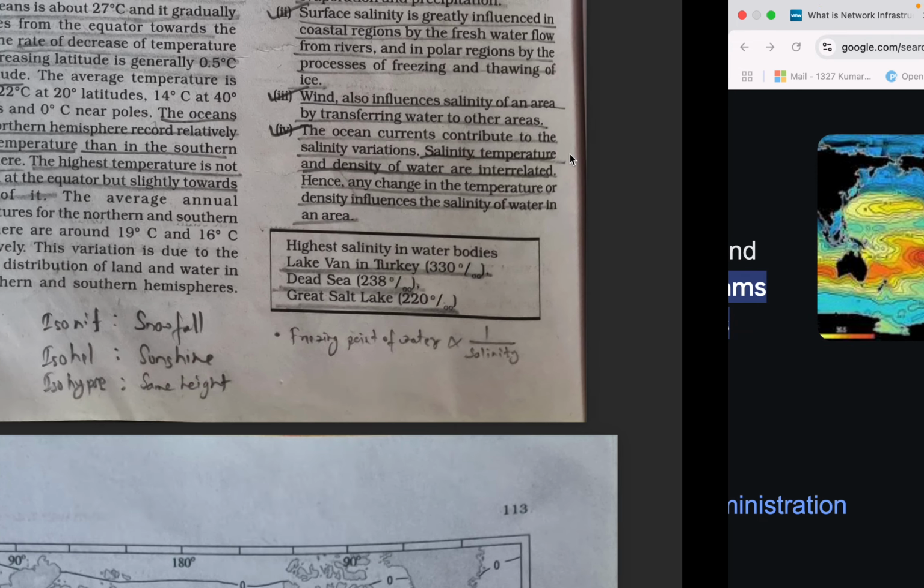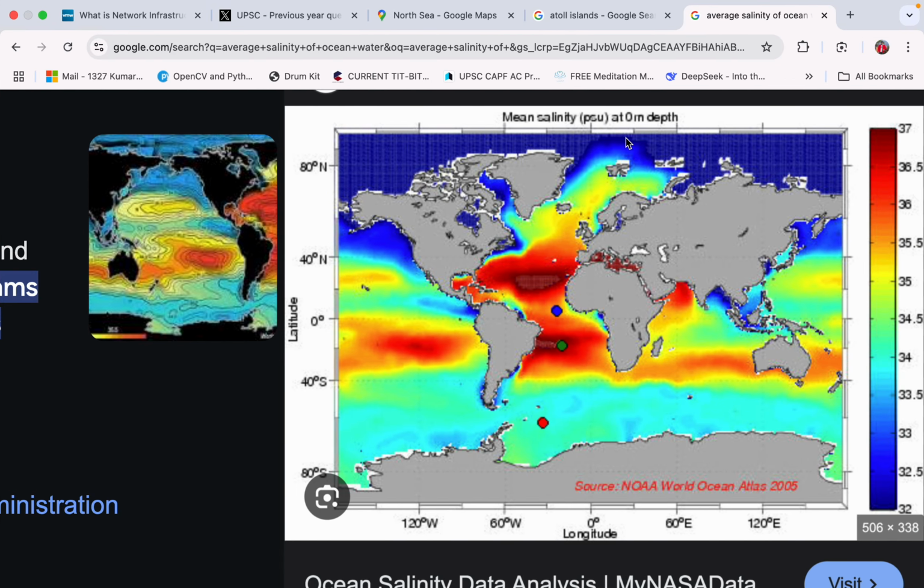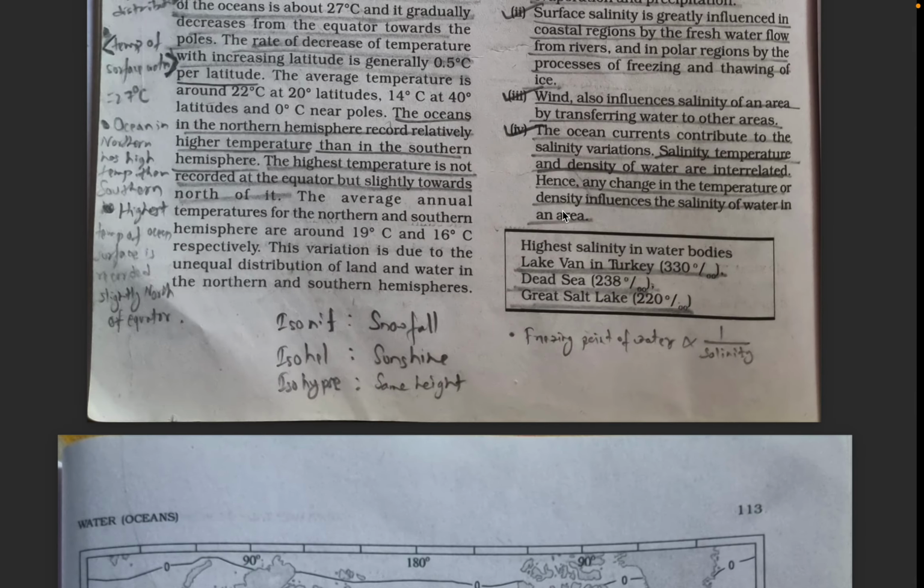For example, when the Labrador current comes into this area, the salinity of this area decreases because it brings low salinity water. And when the Gulf Stream goes from this area to upper areas, the salinity increases because it is carrying much salt concentration to these areas.